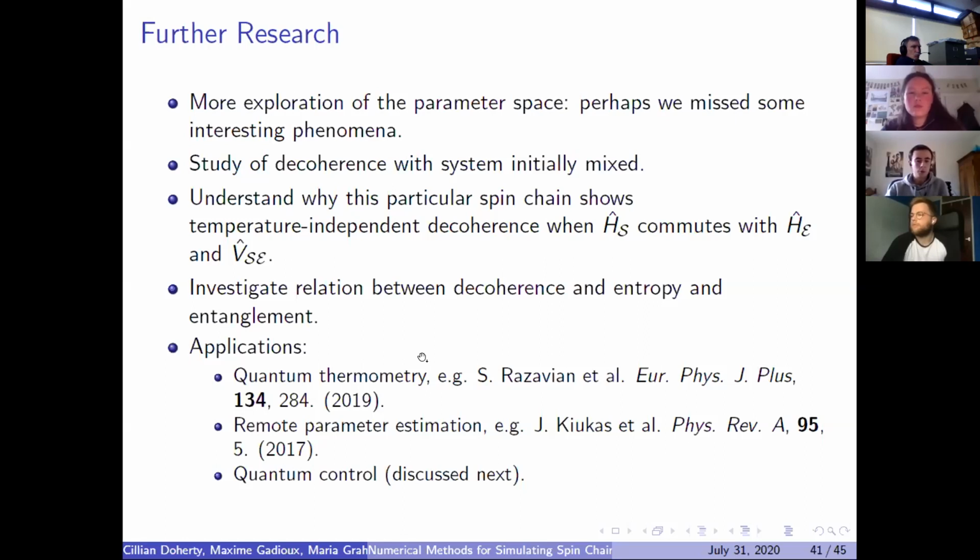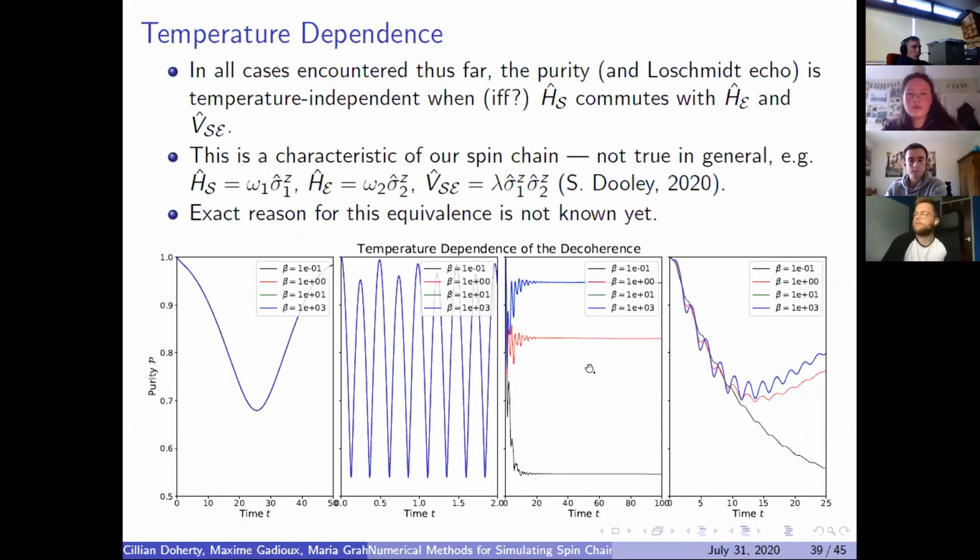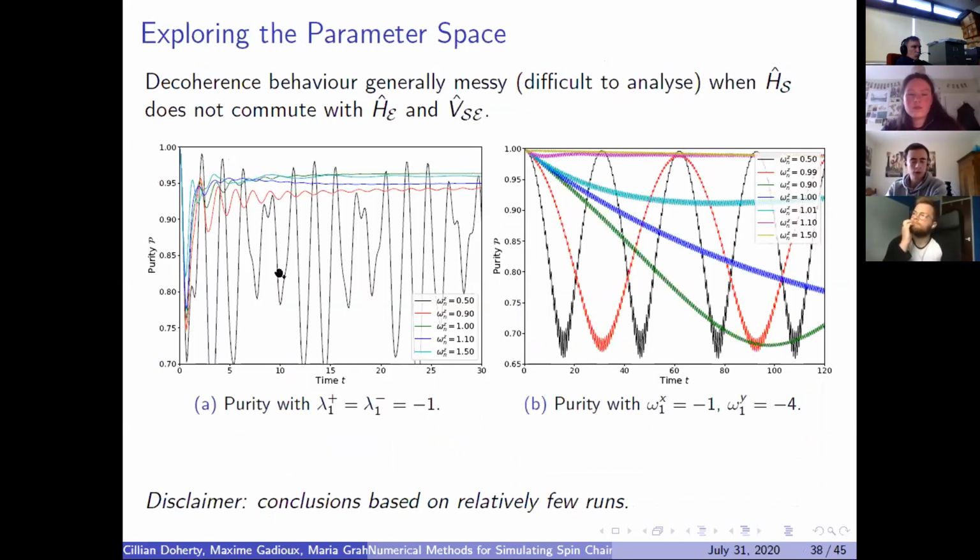If you want to do quantum thermometry with this spin chain, then we're going to need to use a non-commuting Hamiltonian, as we saw here. But as I showed, these non-commuting Hamiltonians can lead to quite messy behavior.